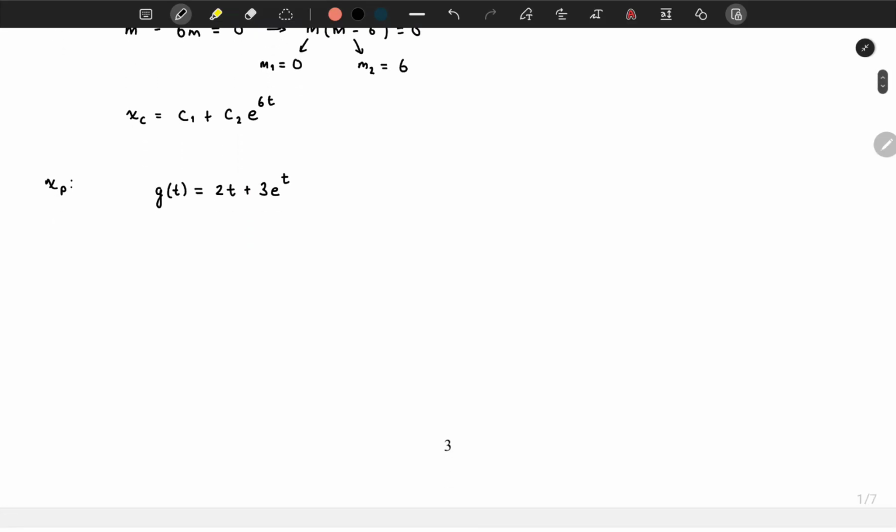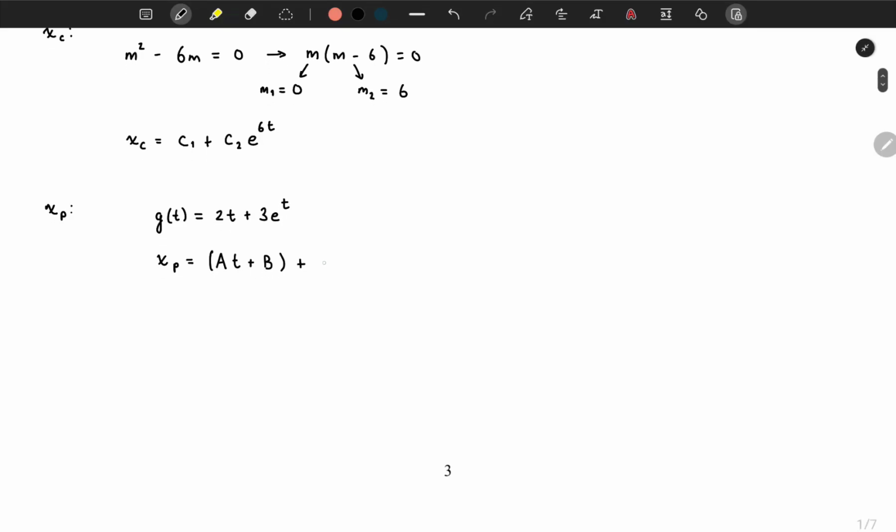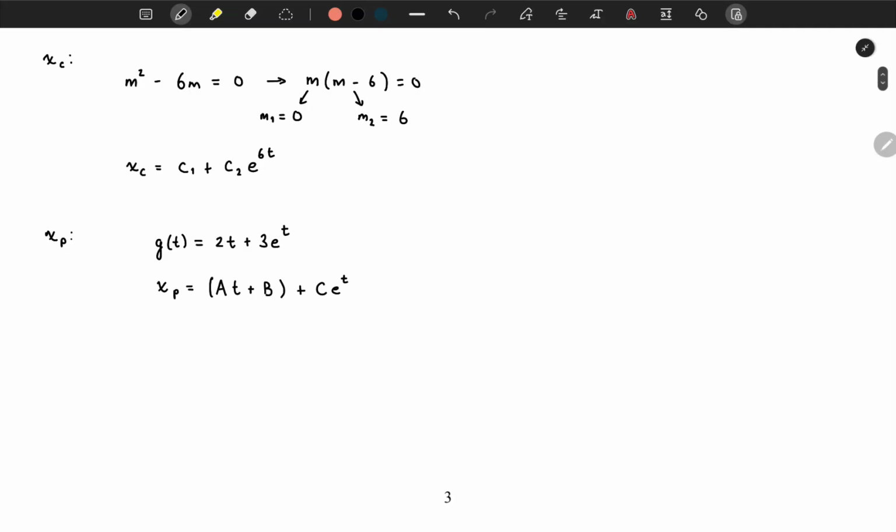For our guess function we can use, let's write x of p, equal to at plus b. And then we have 3e^t, which for our guess function we can just do c e^t. And there you go, this is our initial guess function.